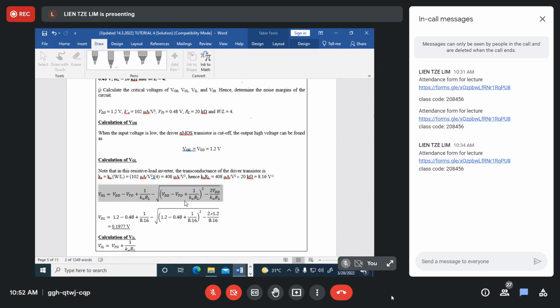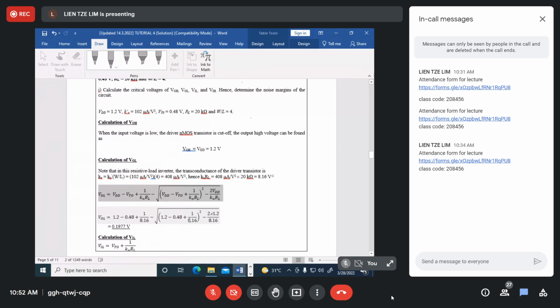After you substitute all the values, you will get the answer 0.1977 volt. If you find your answer is not correct, then you will have to recalculate again with all the values that you substituted in the formula.